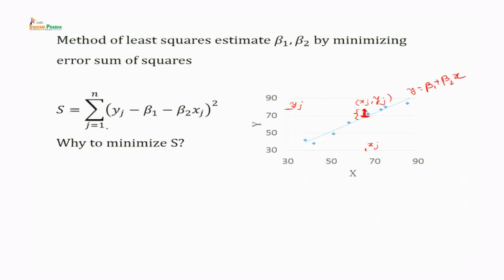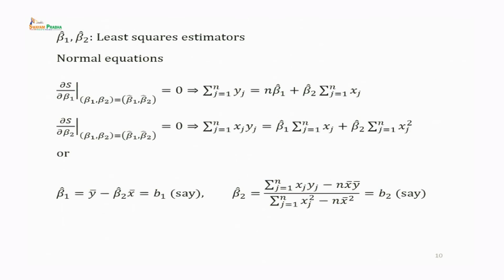So, we minimize this error sum of squares with respect to beta 1 and beta 2. Now, for obtaining the least square estimators of beta 1 and beta 2, suppose beta 1 hat and beta 2 hat denote the least square estimators. Then we differentiate S with respect to beta 1, and you obtain minus 2 times the summation of y j minus beta 1 hat minus beta 2 hat x j equal to 0.